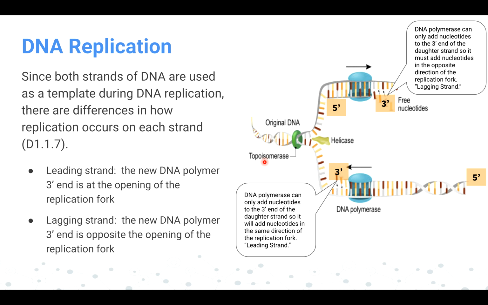DNA replication on the leading strand keeps on forming as the DNA is getting open, and the process is continuous. But there is another strand in which it occurs in a discontinuous manner, called the lagging strand. So the new DNA polymer's 3' end is opposite to the direction of replication. That is why it is opposite.